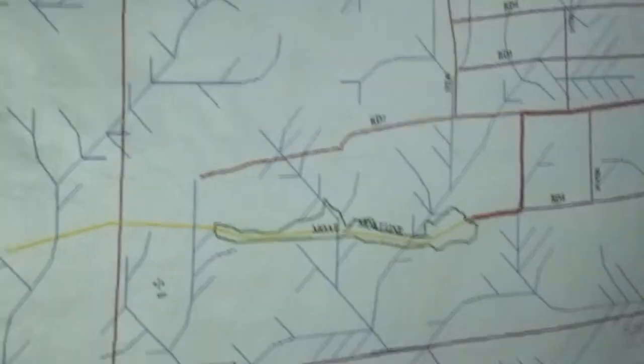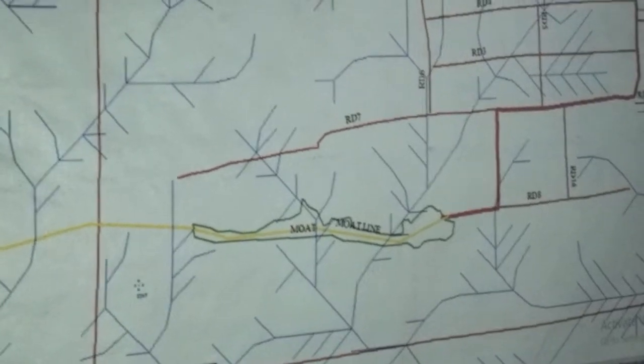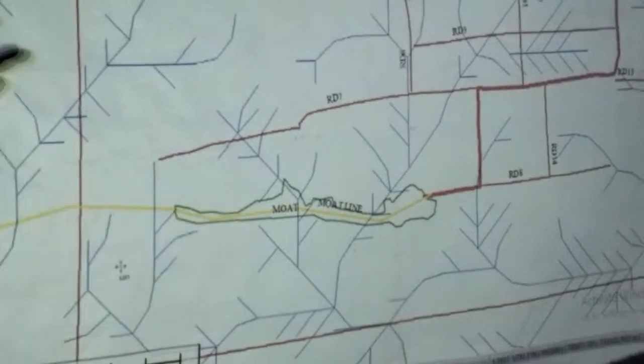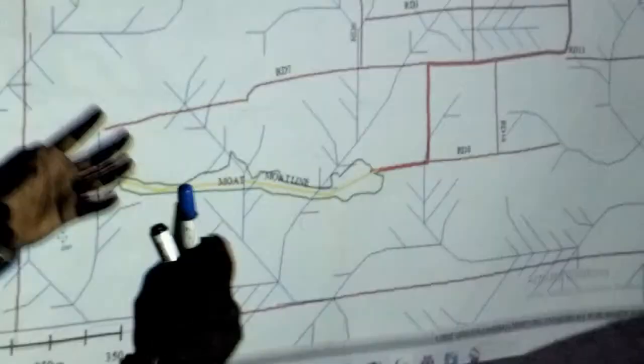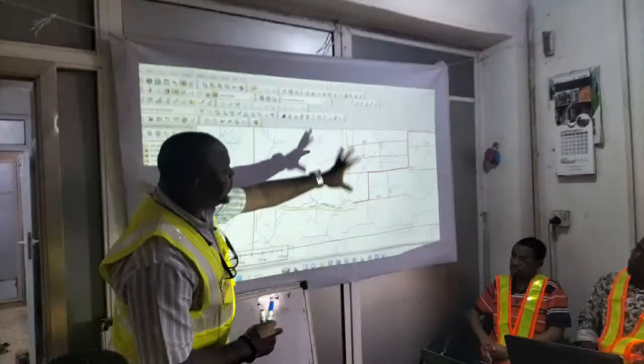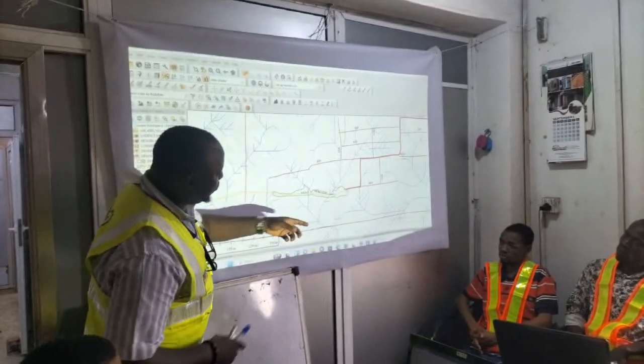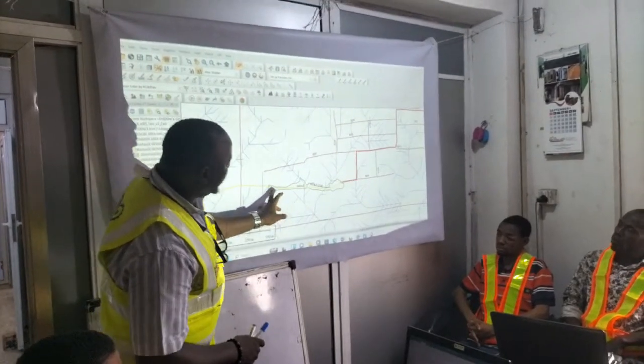Now, the objective of this lecture is for us to, first and foremost, quantify the runoff affecting the project area. Then narrow it down to a location where we can now.